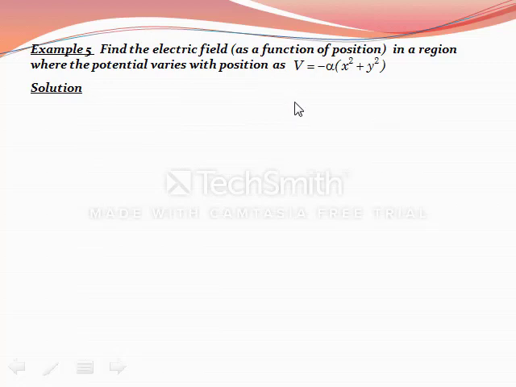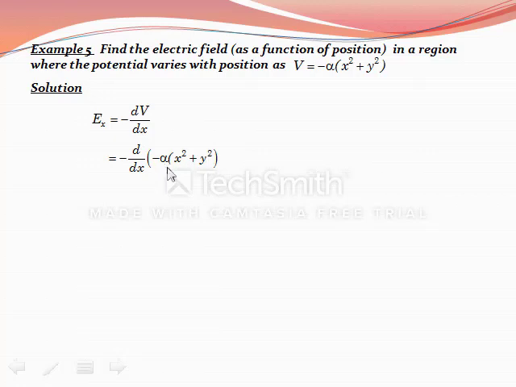So we'll start with evaluating the components of the field. First we'll evaluate Ex. We know the formula for Ex: Ex is minus dV by dx. Substitute the value of V from here. And once again remember, in this particular differentiation, x is a variable and y has to be considered as constant.